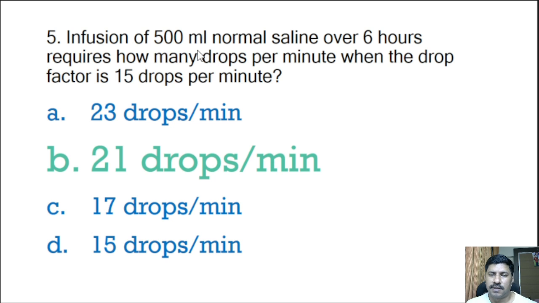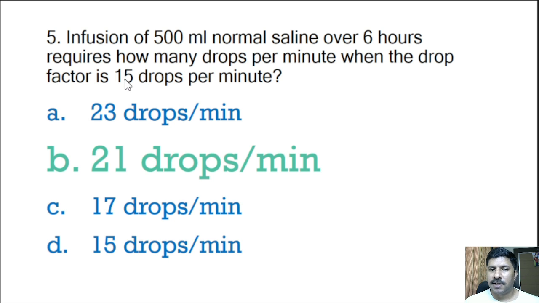Here the total amount of solution is given in milliliter, that is 500 milliliter, but the time duration is given in 6 hours. So we need to convert hours into minutes. For that we multiply 6 with 60 minutes. Then we get the time duration.